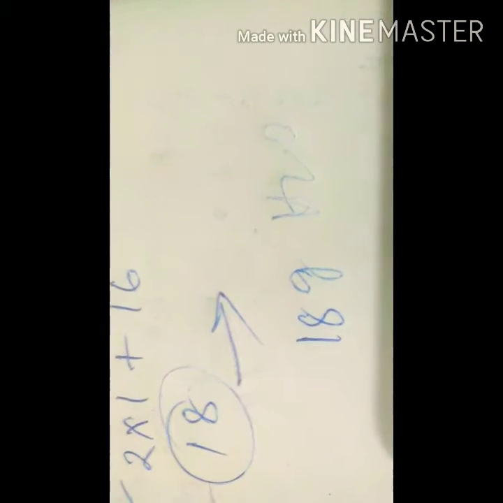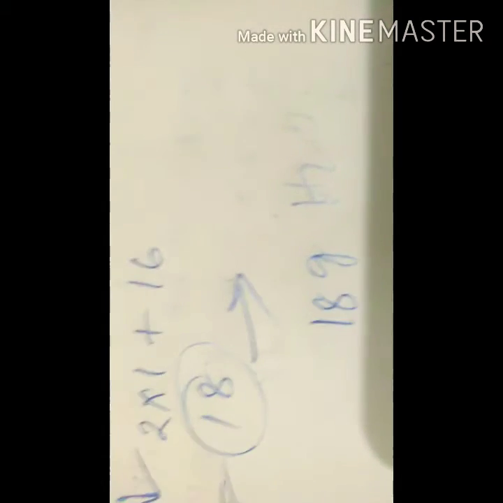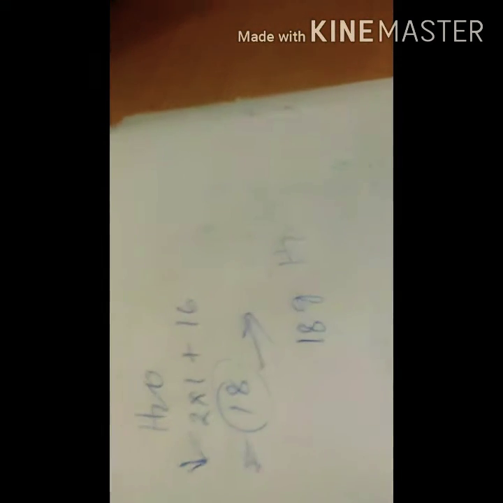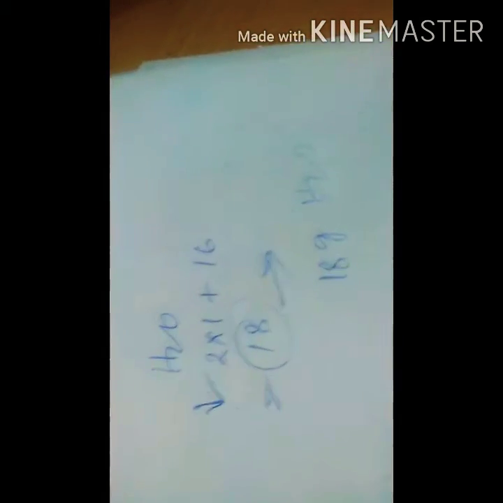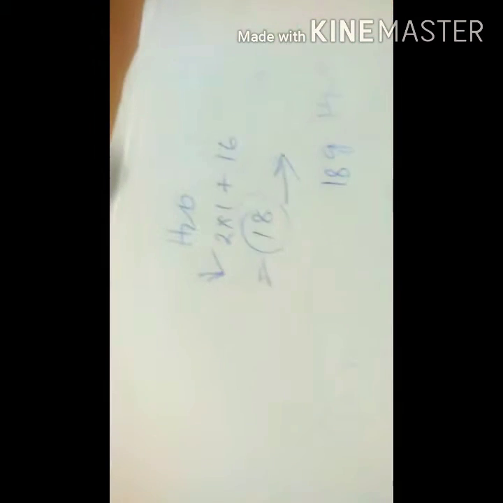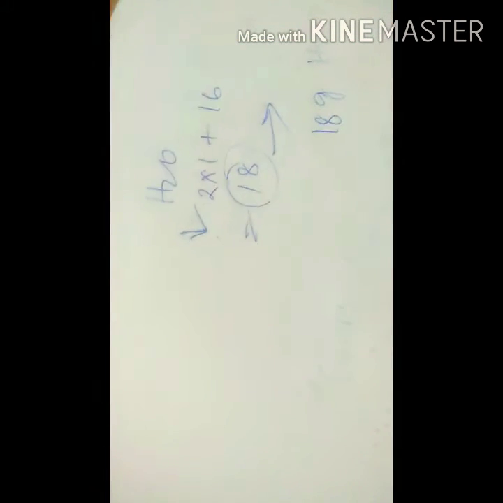Another information you should be aware of: what is mole from the concept of number. 6.023 into 10 to the power 23 number of any substance is called 1 mole. That is, Avogadro's number of any fundamental species may be taken to be 1 mole.